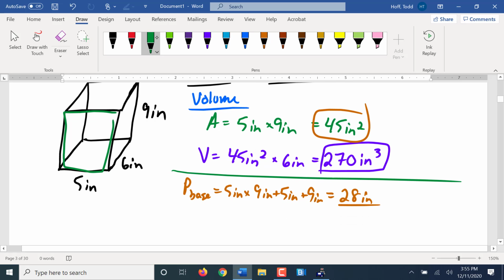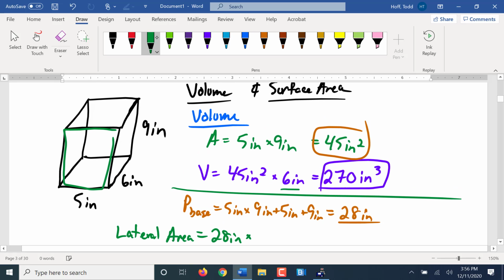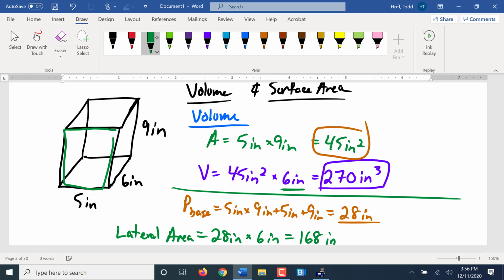So then our lateral area will be the perimeter of the base, the 28 inches, times the height, which we used as 6 inches, which will give us 168 square inches as our lateral area.